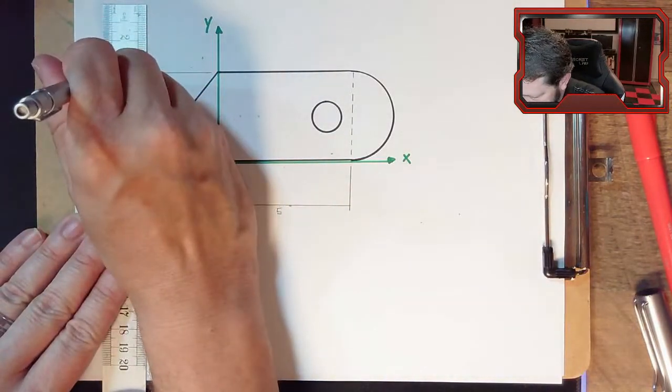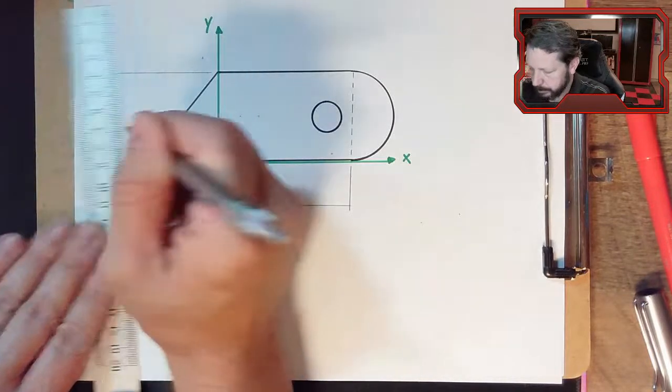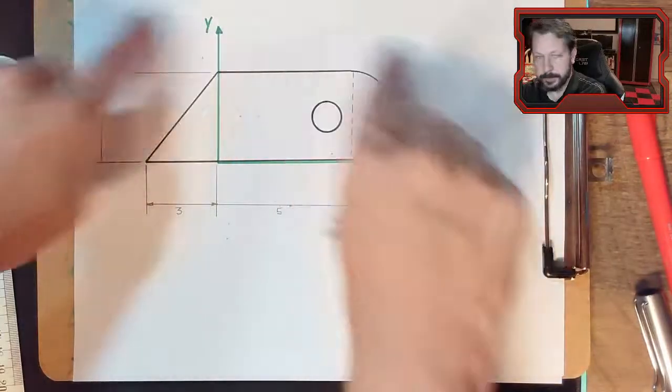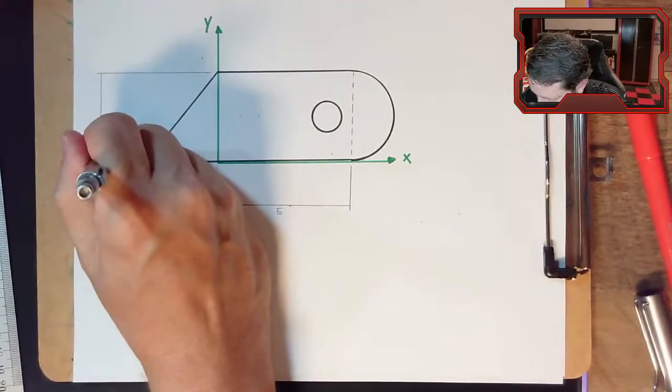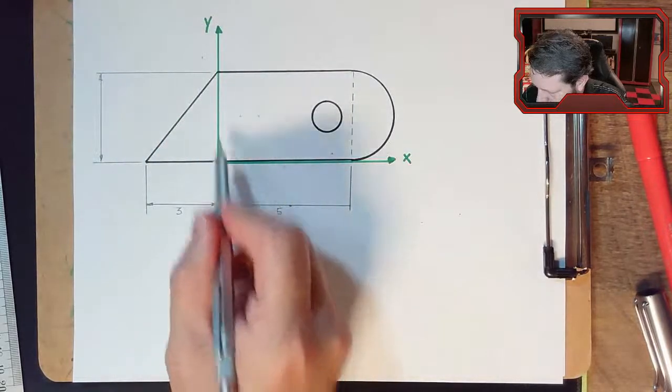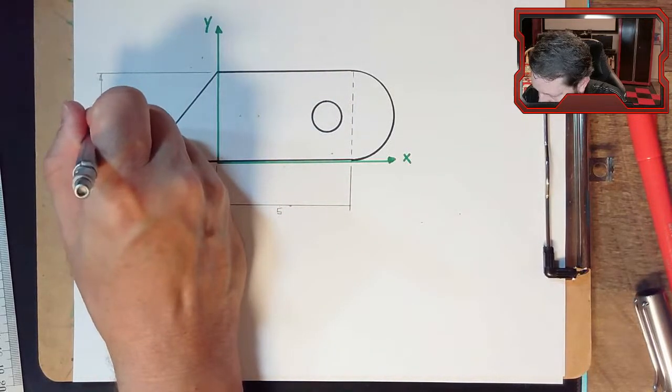Normally when you're dimensioning a part, you don't put dimensions on the actual object. You put them out around it as much as you possibly can. This one, if this is 3, that looks maybe like it's 4.